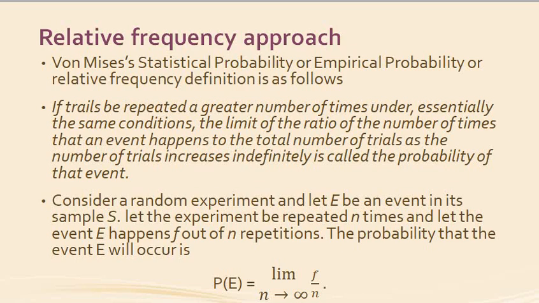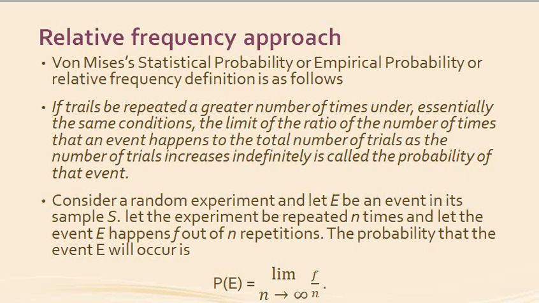This is the main limitation that we can find in the earlier, classical definition of probability. So in order to overcome this, we define the statistical or empirical definition based on the relative frequency.